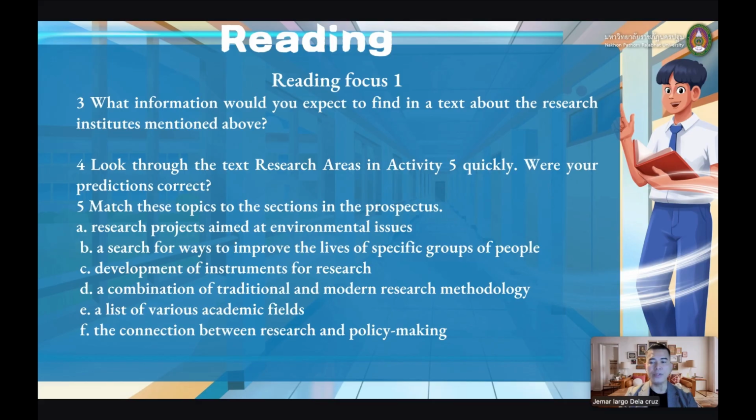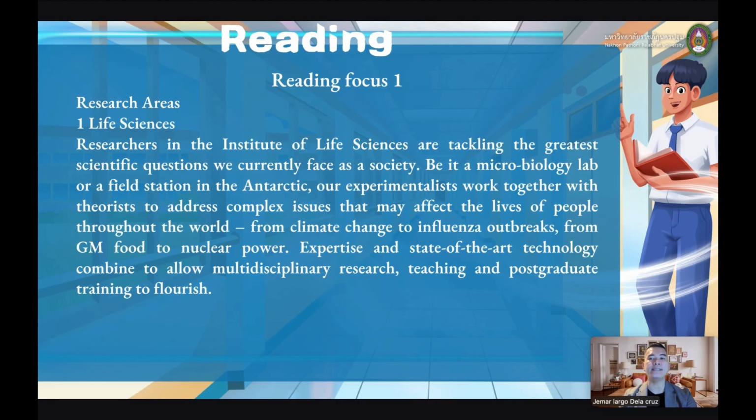B, research for ways to improve the lives of specific groups of people. C, development of instruments for research. D, a combination of traditional and modern research methodology. E, a list of various academic fields. And F, the connection between research and policy making. All right, let's proceed now.